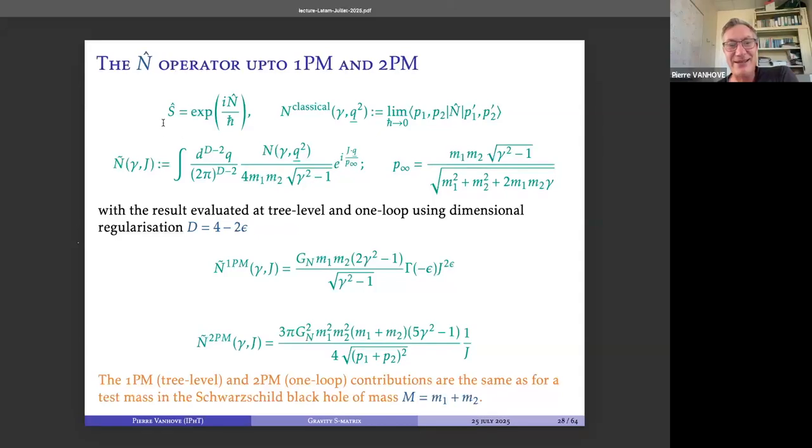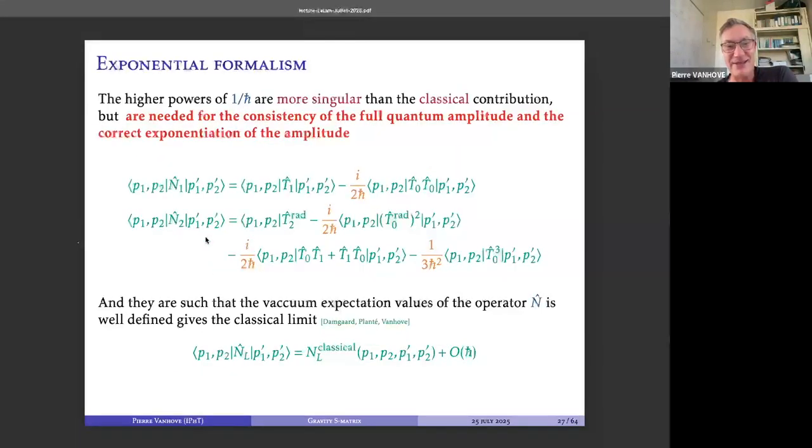So, let me summarize. You can compute a scattering amplitude. In this scalar field description, you build from it this n operator, which is built from your scattering amplitude minus what you get from lowest order graphs.